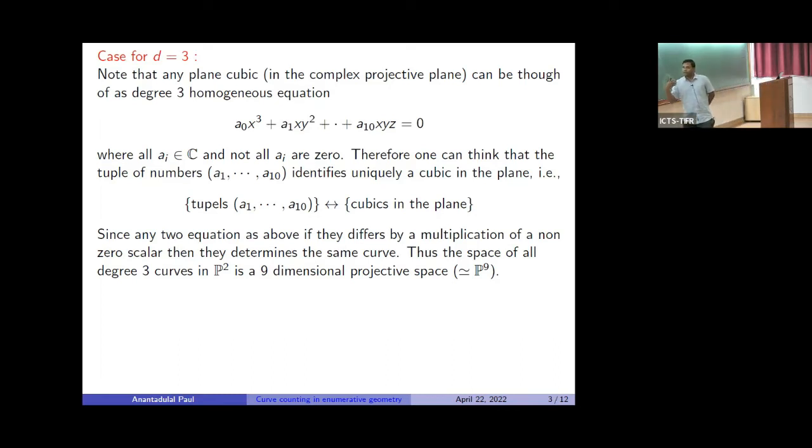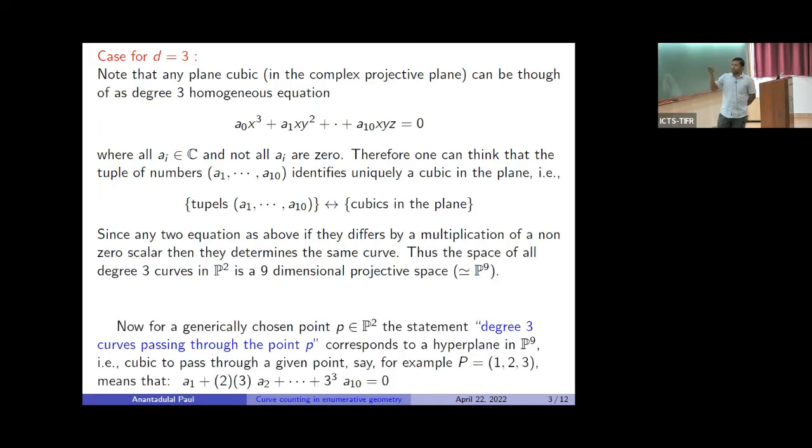So if we ask the enumerative question, we are in the first stage: we are parameterizing our objects in a nice compact manifold, that is CP9. Now the next step is we introduce certain conditions so that we can reduce the dimension one by one generically. Passing through a point is basically a hyperplane, right?